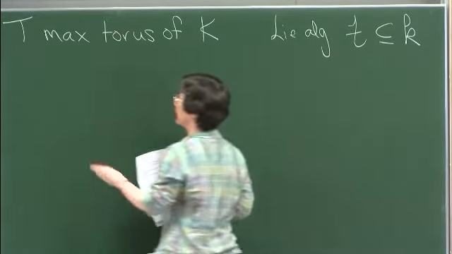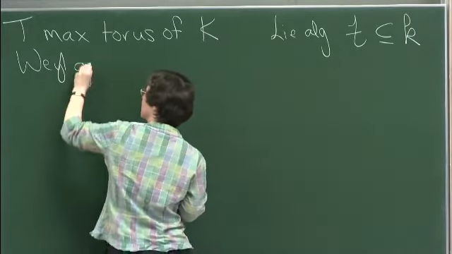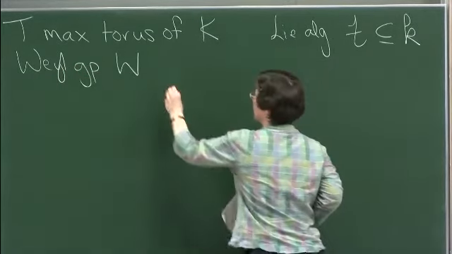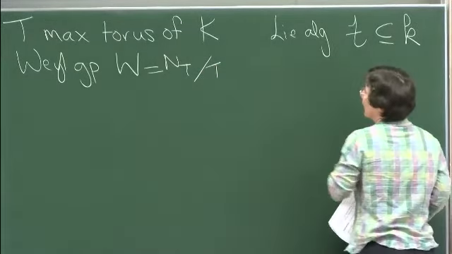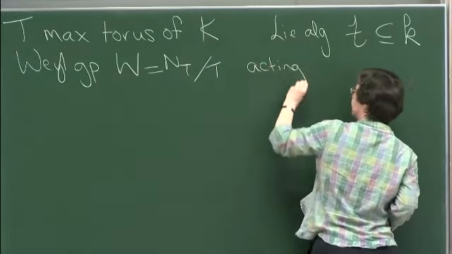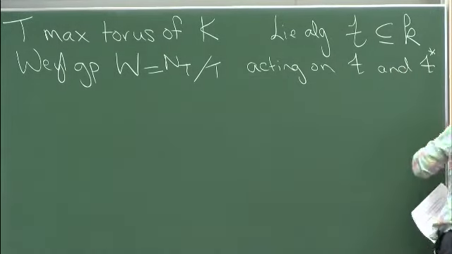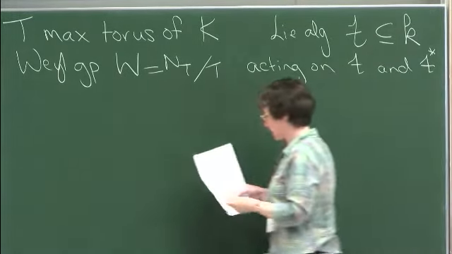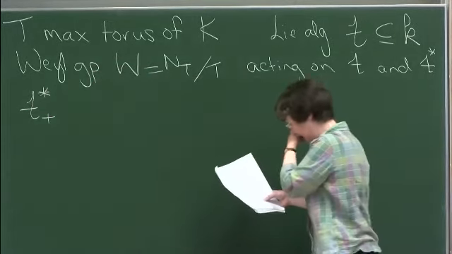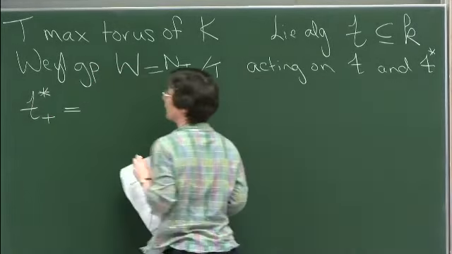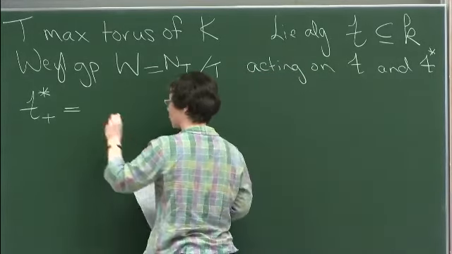And of course we have the Weyl group W, the normalizer of T over T, acting, and these decompose into Weyl chambers. So let's fix a positive Weyl chamber in the dual of the Lie algebra of the maximal torus.